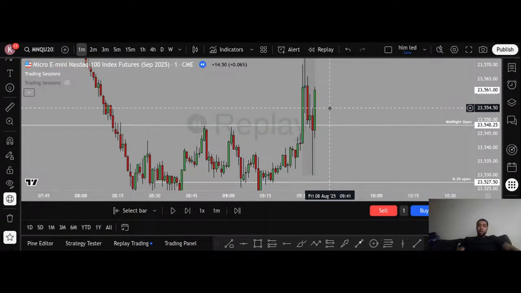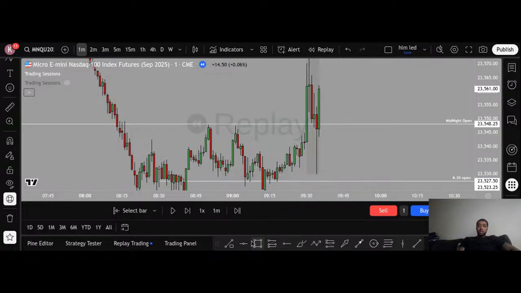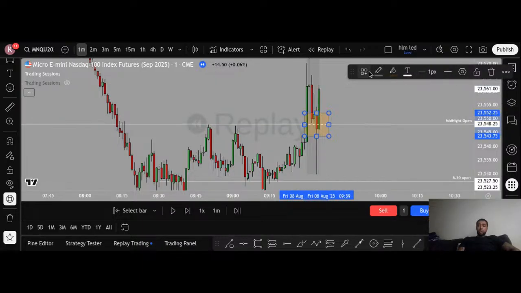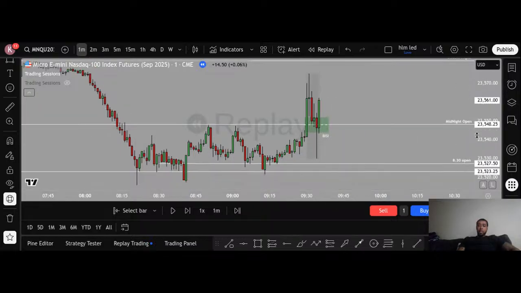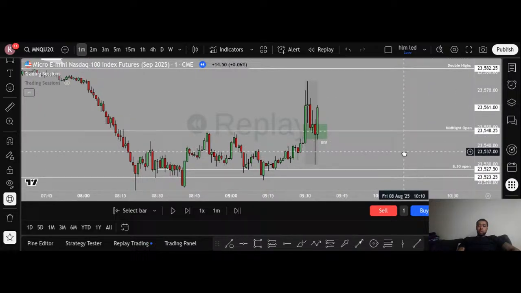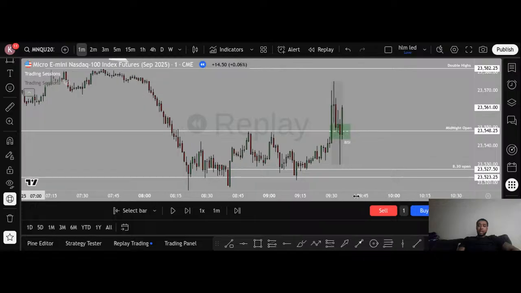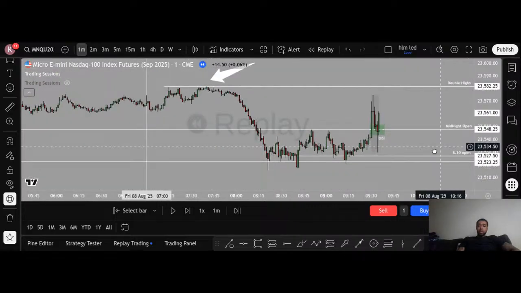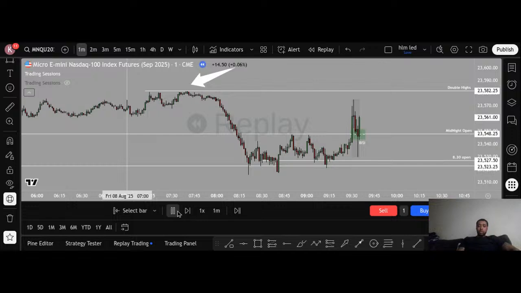Now, what happens? This is a bullish order block. Did this bullish order block actually hold? So there's no trade. We're waiting on clean bullish order flow. So let's wait for it.